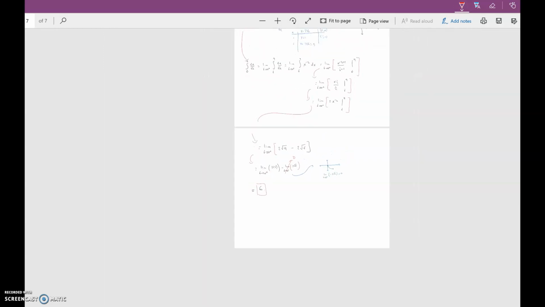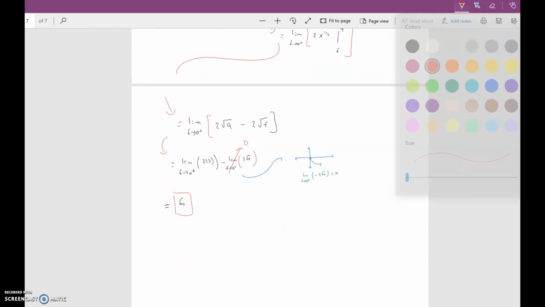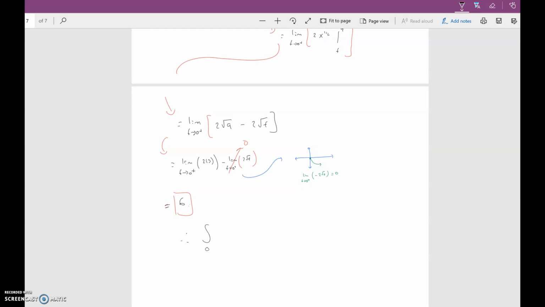So rewriting the entire problem, and let me double check. This one actually converges. So our final answer is that the integral from 0 to 9 of dx over the square root of x is, well, we already evaluated that, so we can just rewrite it as equal to 6, or 6 units squared.